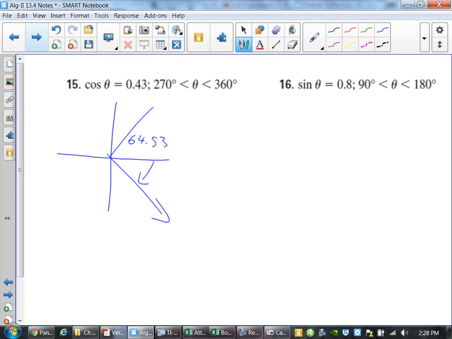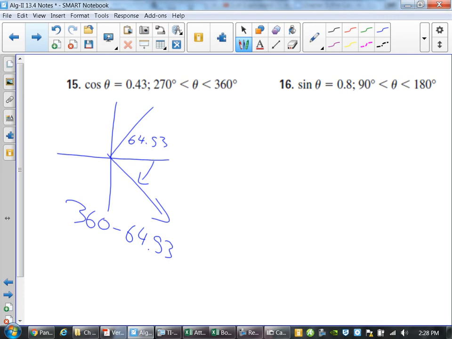That's usually where people mess up. They will accidentally go off 270 and not subtract from 360. So you have to subtract 360 minus the 64. Does that make sense?